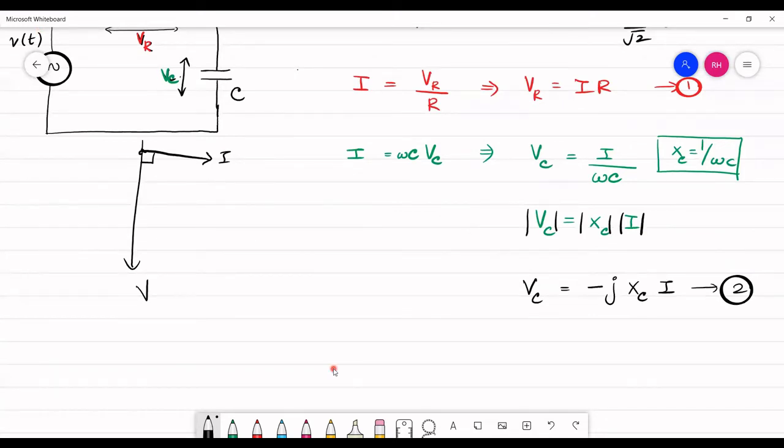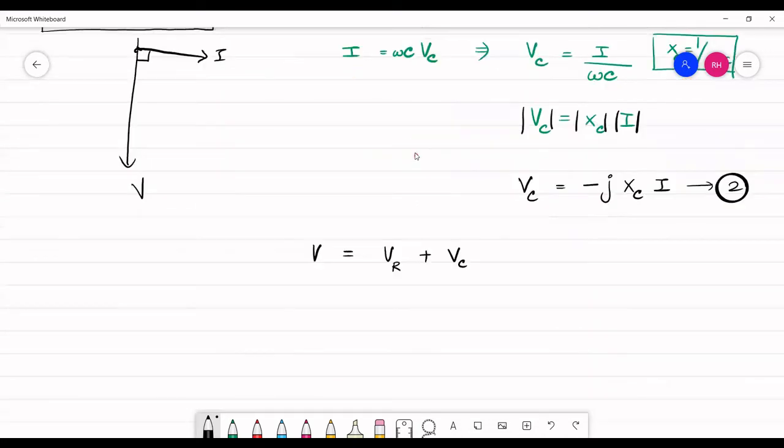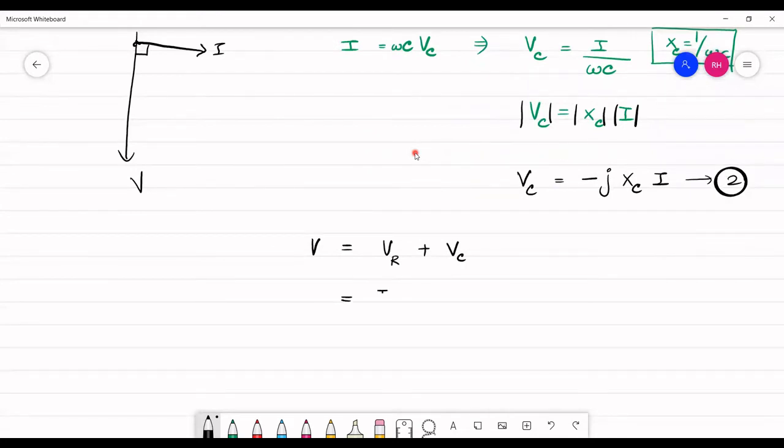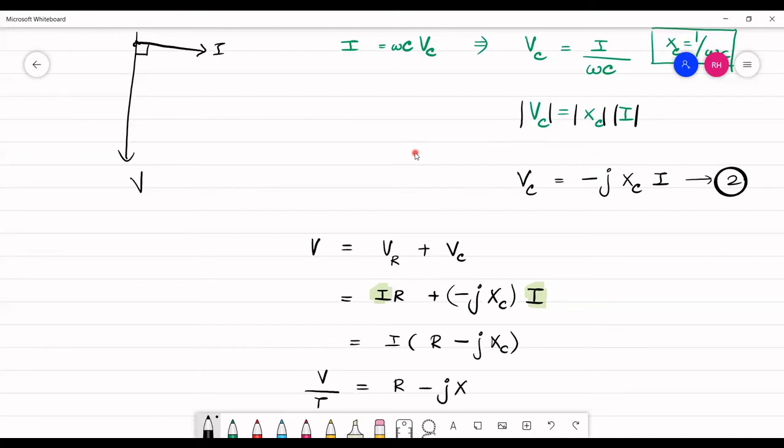Now applying KVL, we write the applied voltage phasor is appearing across the resistor and the capacitor, and it is written as V is equal to I into R plus minus j Xc into I. In both the terms we have I, so we take it out in common, and it is I into R minus j Xc. On cross multiplication, we'll have V by I to be equal to R minus j Xc.